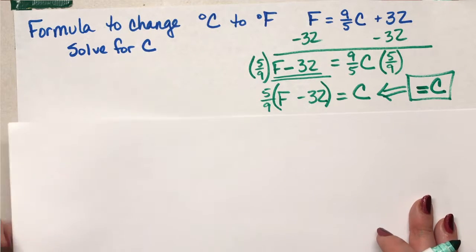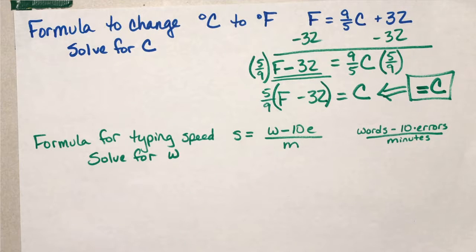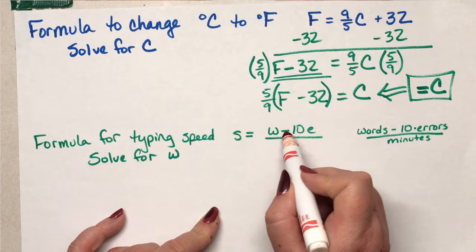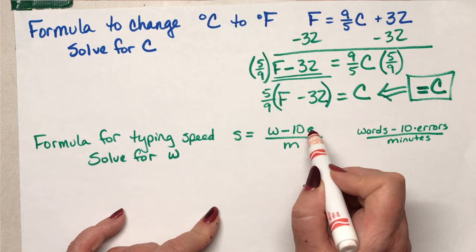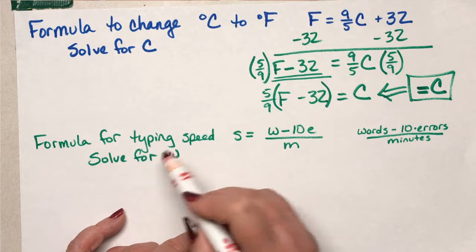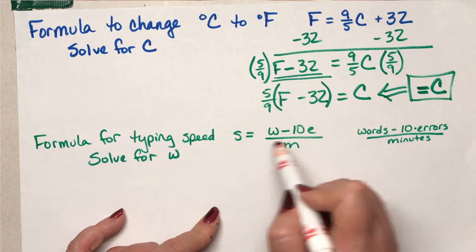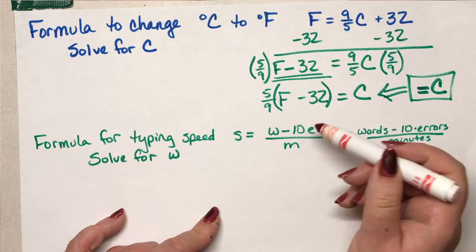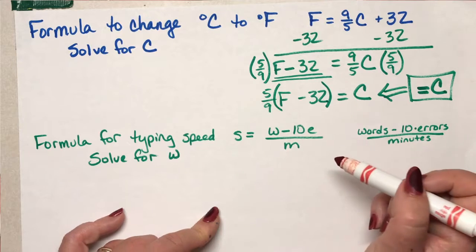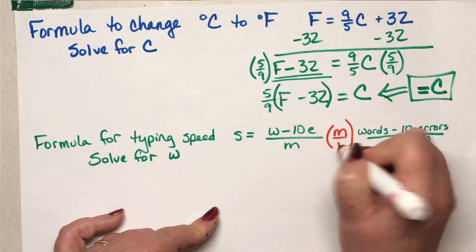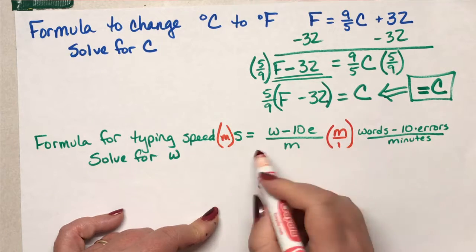Our next example is the formula for a person's typing speed. Here the speed that they type equals W, words per minute, minus 10 times the number of errors that they make, divided by the number of minutes that they're typing. And they want you to solve for W. So we're going to look at all of the letters in here and just manipulate the letters so that we can find W. Well, the first thing I'm going to do is multiply both sides by m, or m over 1, to get rid of this fraction.